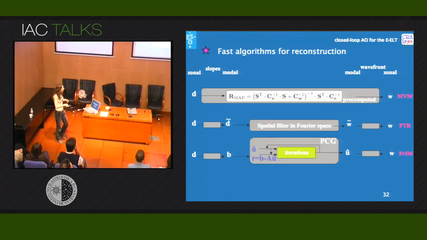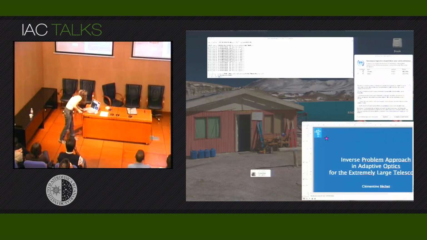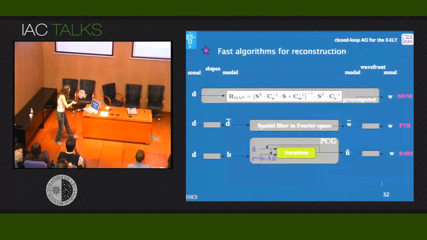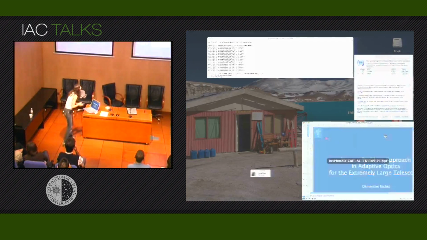The same control is used for the Fourier transform reconstruction, but what is done is that you get the data and you pass it through Fourier transform to have the data in the Fourier space, and you apply a special filter in the Fourier space. This is very fast to apply, and what limits the velocity of the computation is just the Fourier transform. So since it's done with FFT, it's quite fast.